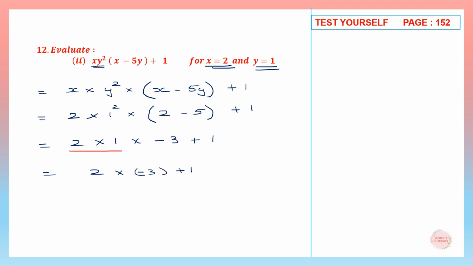So again we have to do the multiplication first. So here what do we have? We have 2 into minus 3. The sign is minus, 2 3s are 6 plus 1. So when signs are different, we put the sign of the bigger number and we subtract. 6 minus 1 is 5. So our final answer here is minus 5.